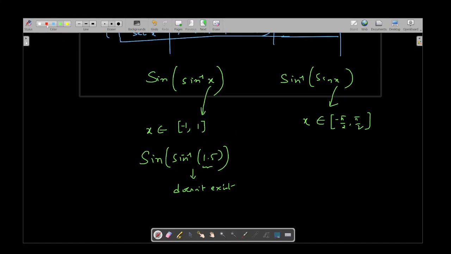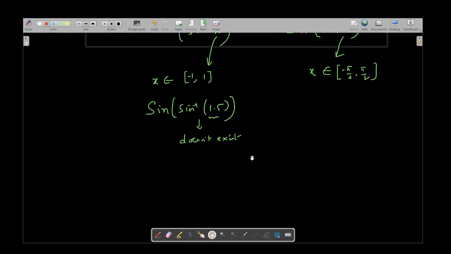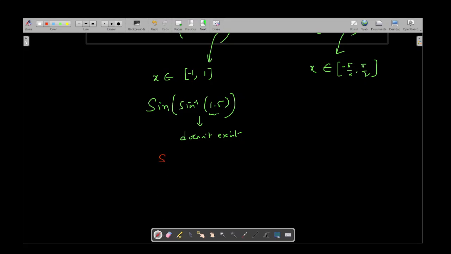And one more tricky example we can take: sine inverse of pi by 3. Usually what we do is we cancel these two and write the answer as pi by 3, but it is not so.